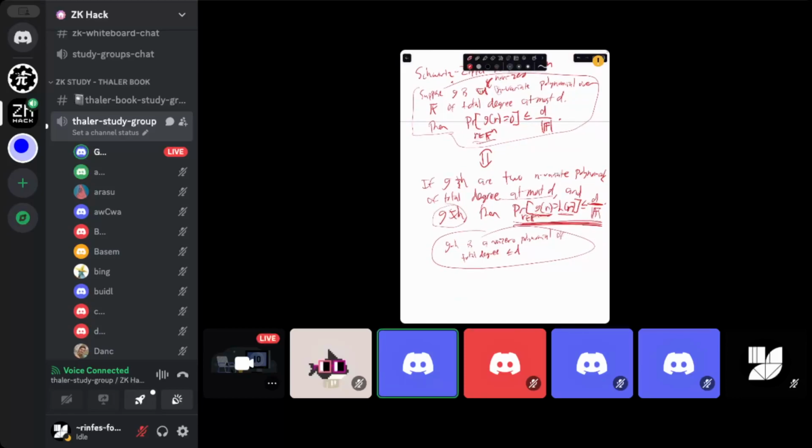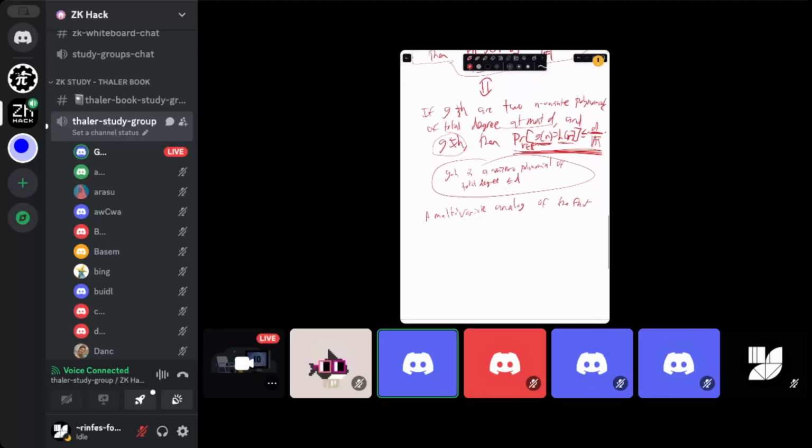This is a multivariate analog of the very simple univariate fact that any degree d univariate polynomial that's not the zero polynomial has at most d roots.